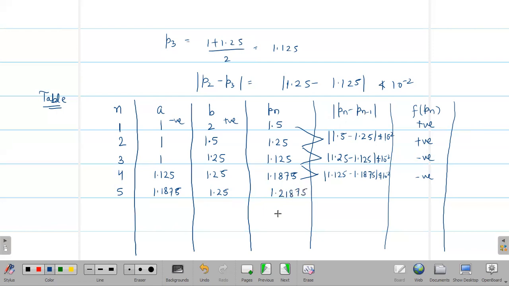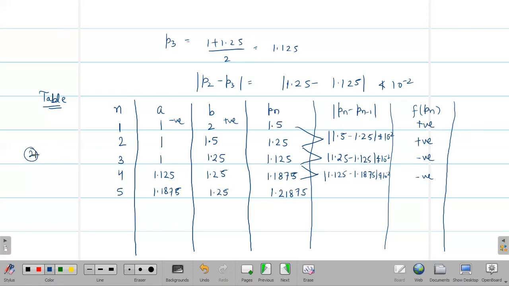It will be 1.21875. Here you should notice that if I'm taking the accuracy up to 2 decimal places, then in these calculations you have to take at least 4 decimal places, with rounding. Suppose you are getting the midpoint of these two in 10 decimal places, it is better if you take up to 4 decimal places only.